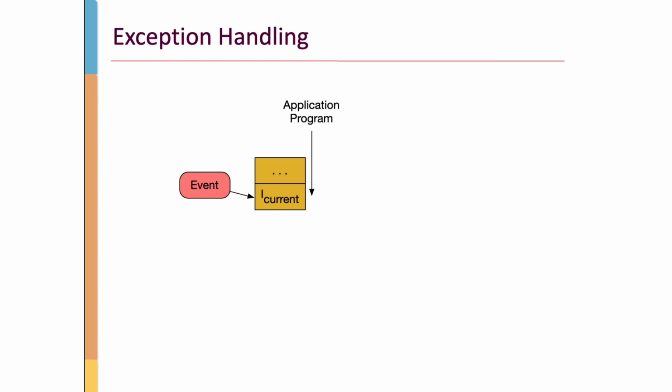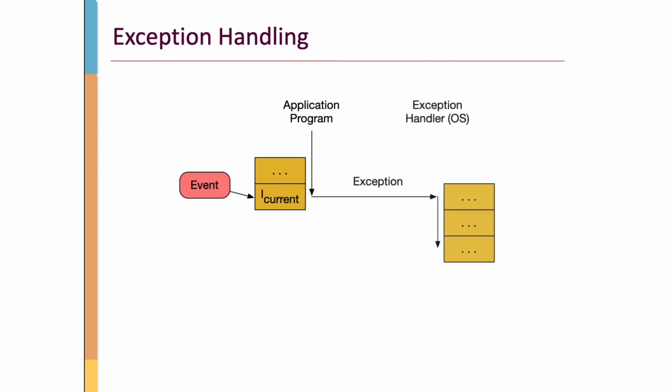And what's going to happen is that we're going to switch control from our user mode into supervisor mode to the kernel. The event takes place, the timer timing out, say, and then that triggers an exception, which is going to now move our control from whatever assembly language instruction was executing on our application to code in the operating system, in the kernel, referred to as an exception handler.